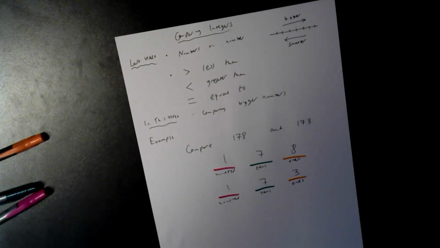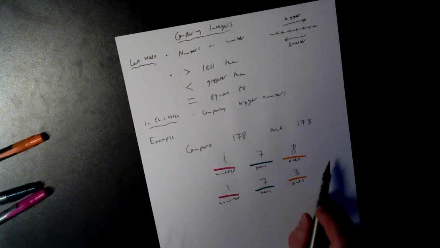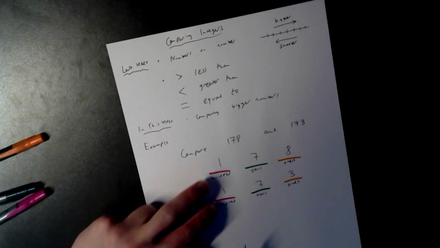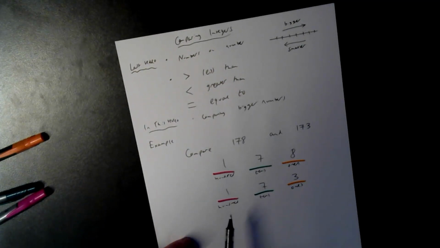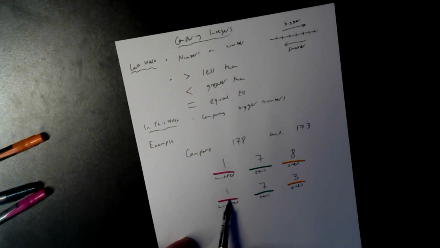And there's a nice method that lets us compare these numbers, which is to write them down like this and compare the digits from left to right. So if we look in this first column here, there's a 1 here and a 1 here, so these digits are the same.